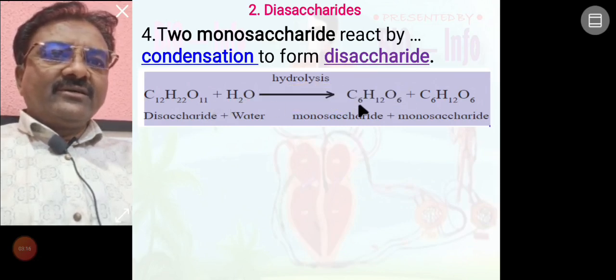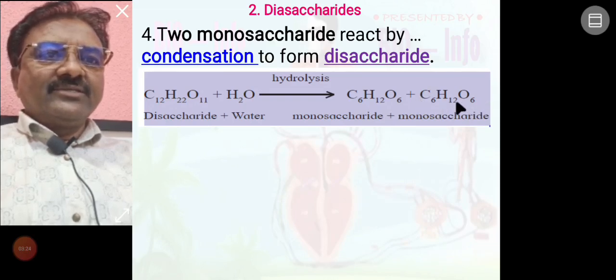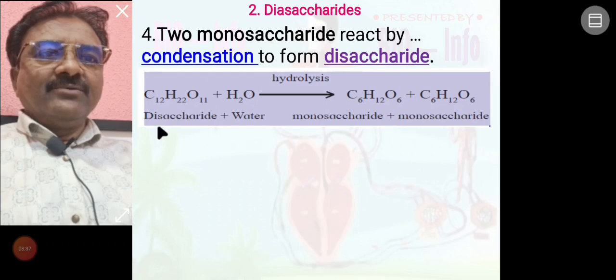This one is a glucose molecule, C6H12O6, plus another glucose molecule, C6H12O6. These two glucose molecules, that is monosaccharides, react by the process of condensation to form a disaccharide. This is the disaccharide compound.